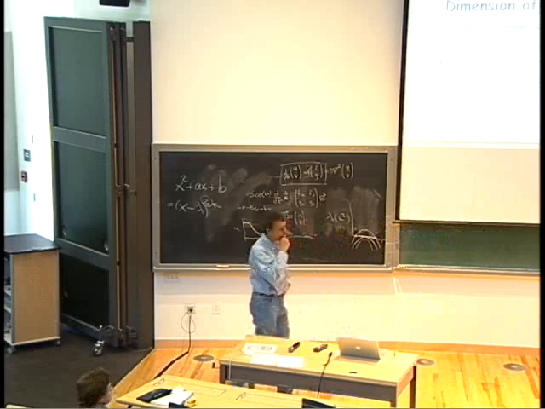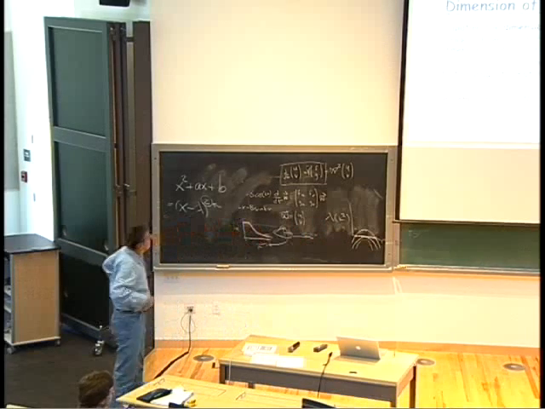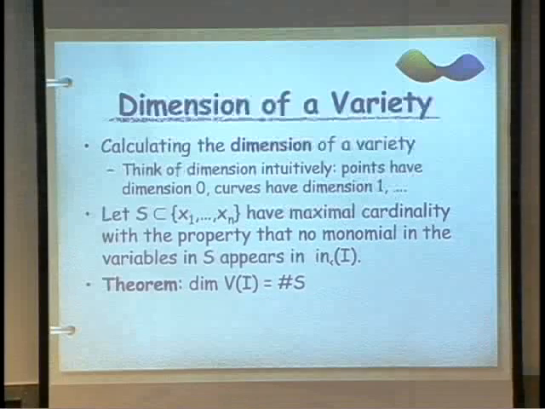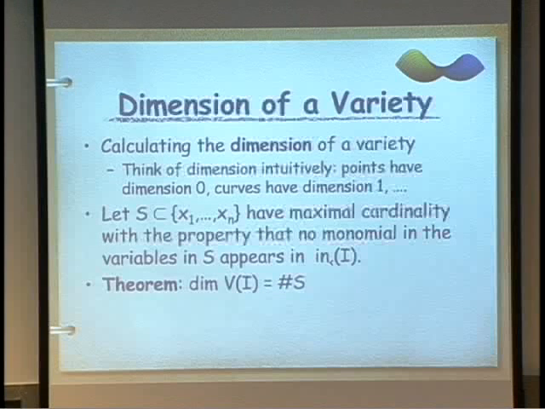So here we go. The dimension of a variety is computed as follows. Let S be a subset of the variables x1 up to xn. I'm interested in those subsets which have the property that no monomials in these variables are in the initial ideal.